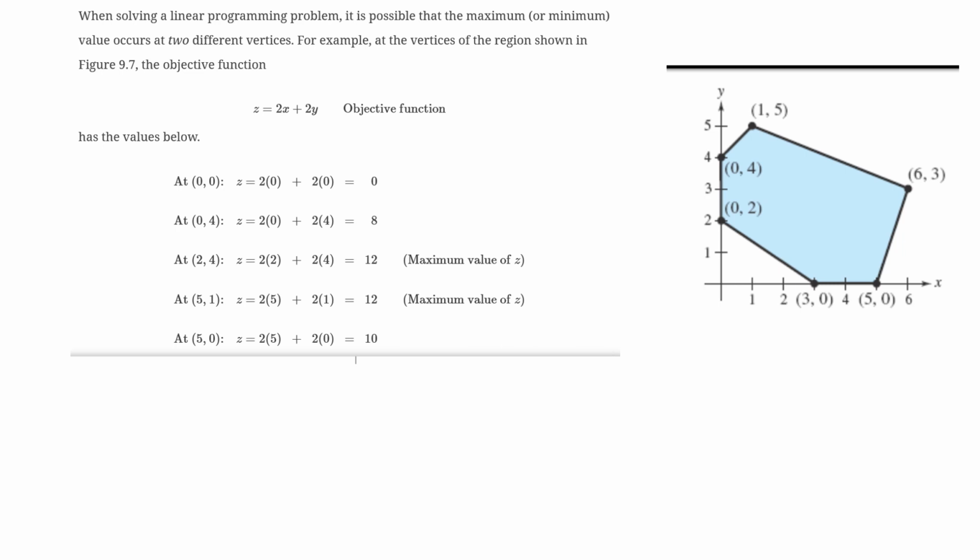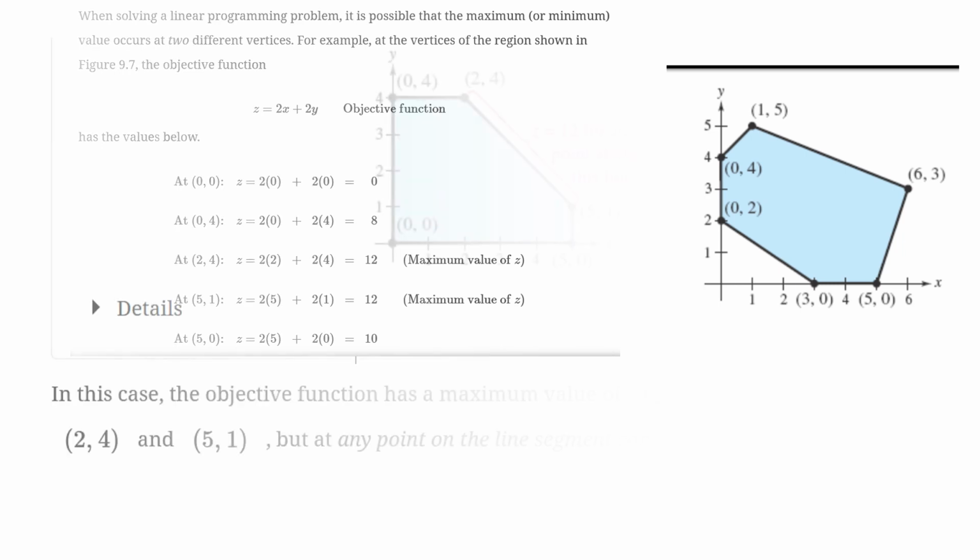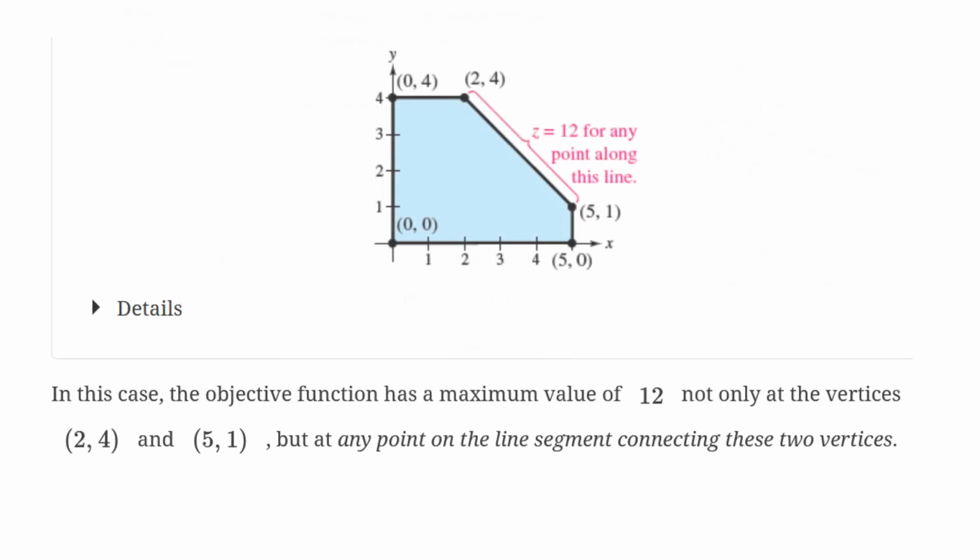Sometimes you look at those alternate optima and you will figure out a way to discern between those, some additional factor in the problem. And in fact, in this case, anything on that line between (2, 4) and (5, 1) will have the same value.